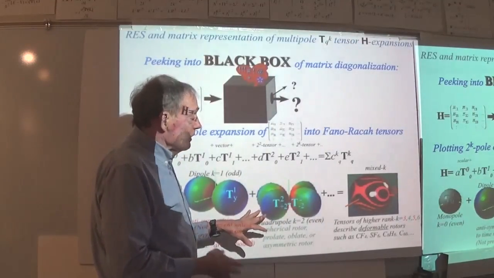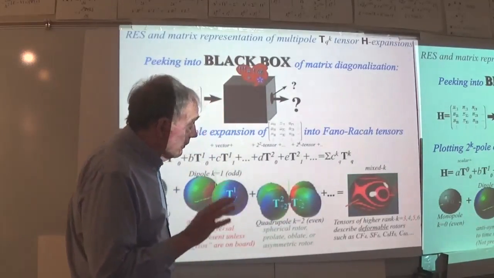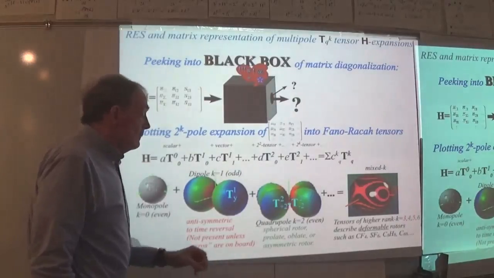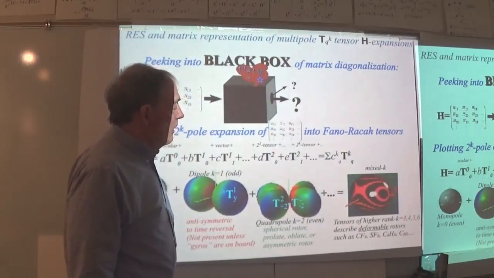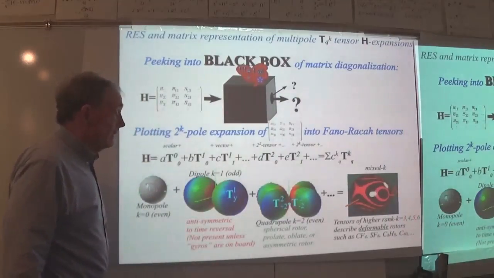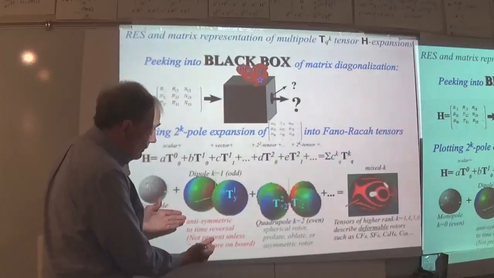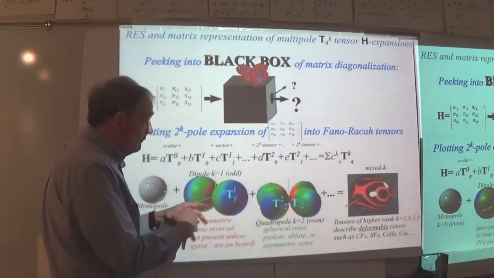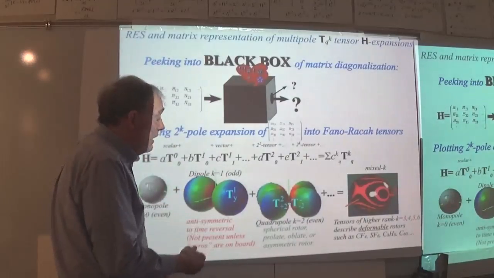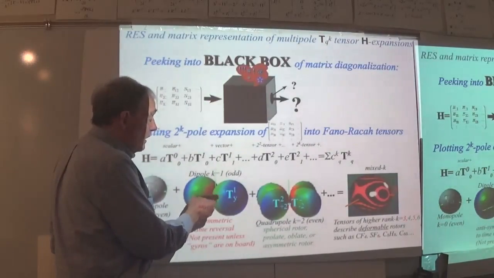And there wouldn't be any structure at all unless we've gone up to higher K. In fact, rank 4 is what we need to discuss. But rank 2 already gives us a pretty neat model for the angular rotations of this. Now, unless your molecule has some rotors or gyros on board, that is, some of the vibrations start to get chiral on you, then you won't be using the vectors.